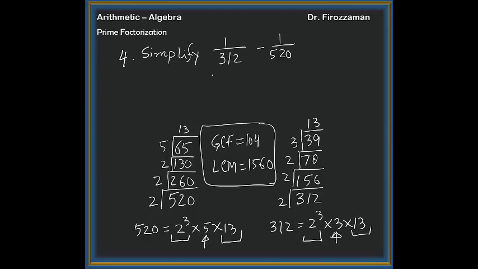So then you can write this one easily as 104 times 3. This is actually coming from 312. Look at here. So 2 to the 3 and 13 is 104, and then the remaining 3 is there. Minus 1 over, we do the same thing. 104 is our GCF, and then we have the remaining 5.